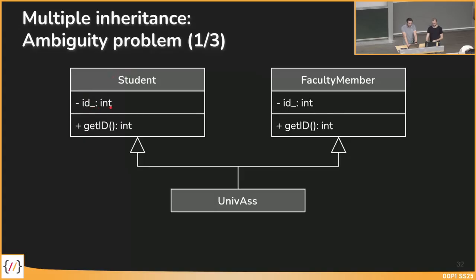We have an ID as an integer, which could be the matriculation number with the getter, and for the faculty member also an ID, which could be some kind of member ID or worker ID. And also a getter for this ID, and then we have again the university assistant inheriting from both base classes.